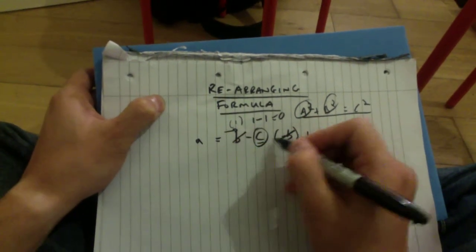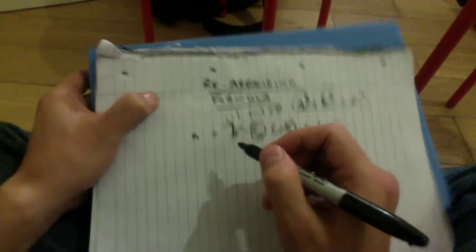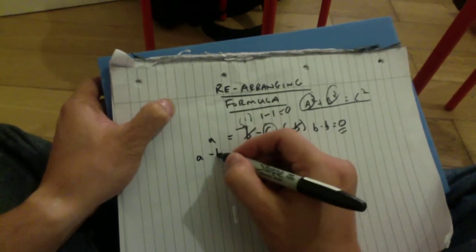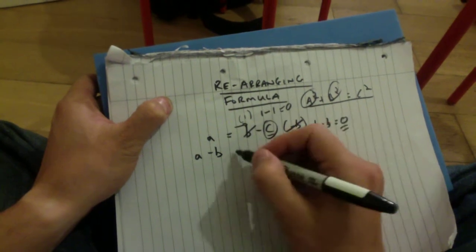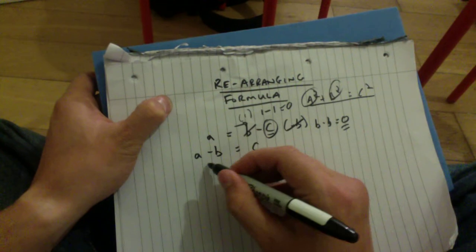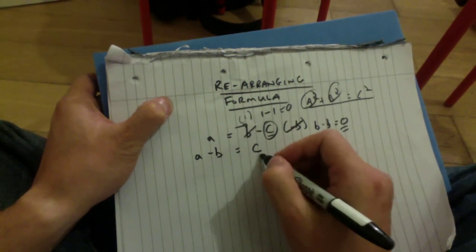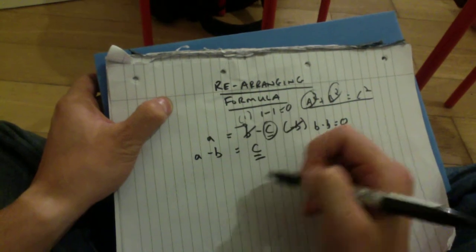In this case, if you minus b on this side, you've also got to do the same operation on the other side, so it will be a minus b as well. And because there's no b on that side anymore, that's your final expression. You've isolated c: a minus b equals c.